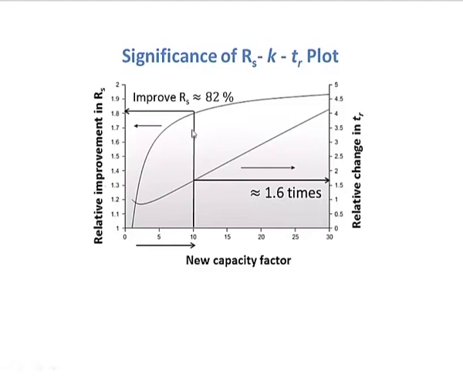Now, what impact would it have on the retention time? This part of the curve tells you that the retention time gets increased by 1.6 times. So, it is not so huge as compared to the amount of resolution which is achieved.